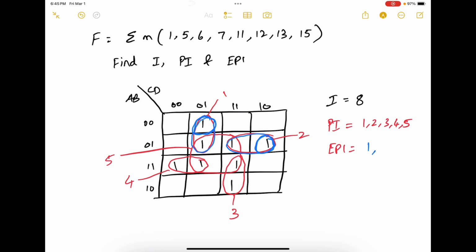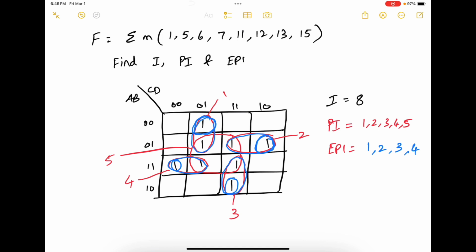Therefore, it is an essential prime implicant. Similarly, this one can only be covered by this prime implicant. Therefore, it is an essential prime implicant. And finally, this one can only be covered by this group. Therefore, it is an essential prime implicant.